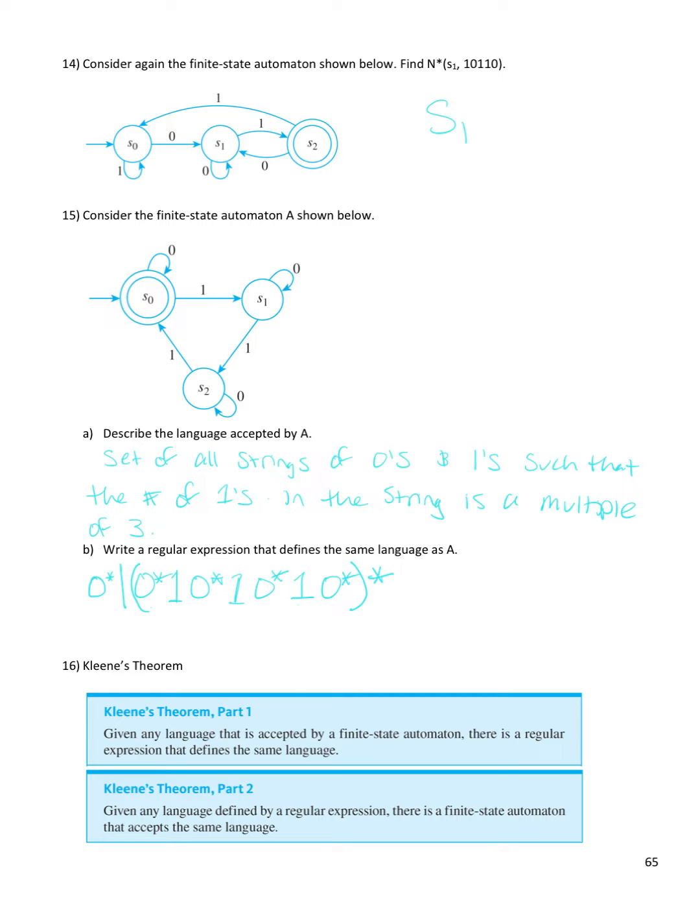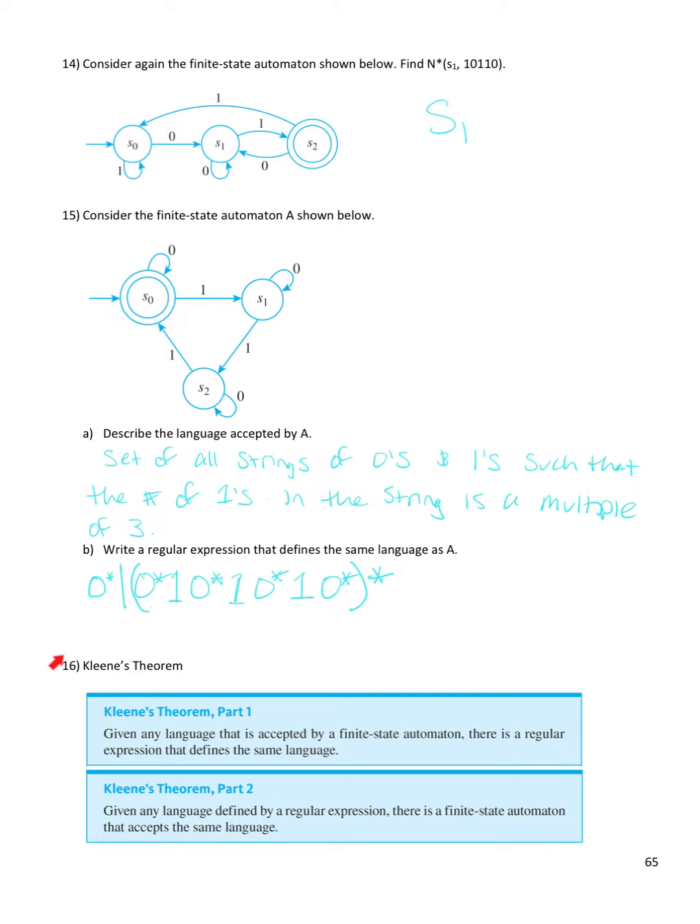So finally, the big conclusion is Kleene's theorem. It says that given any language that is accepted by a finite state automaton, so here we described a language, all strings of zeros and ones such that the number of ones in the string is a multiple of 3, there is a regular expression that defines that language. So here we wrote it down here. And then given any language defined by a regular expression, there is a finite state automaton that accepts that language.